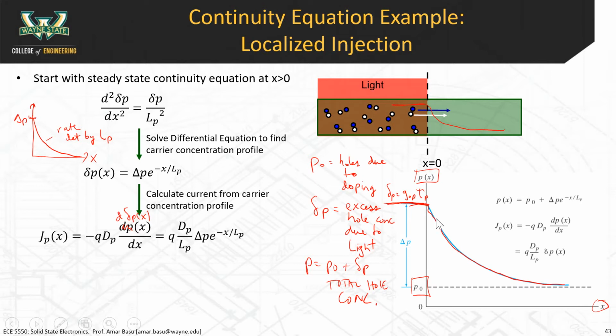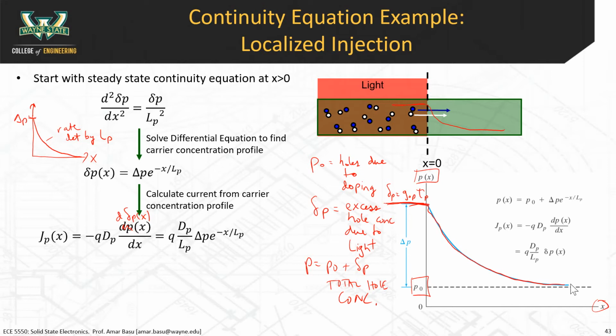Some of them recombine quickly, and some of them take a long time to recombine. These are all statistical processes. It's not that every single hole and every single electron diffuses the exact same distance before it recombines. It's stochastic. Some recombine quickly and some take a little bit longer.